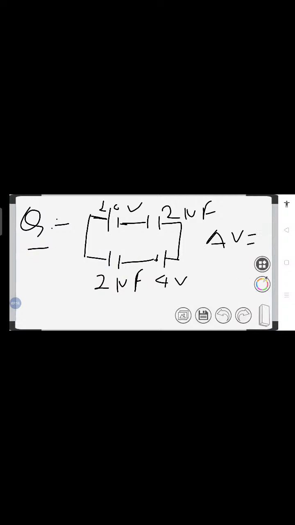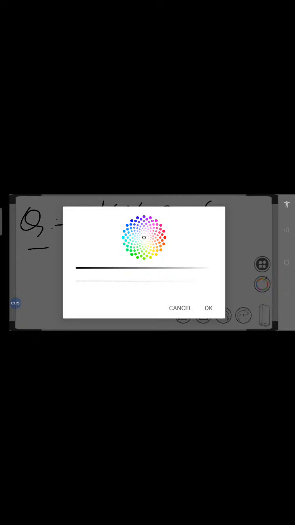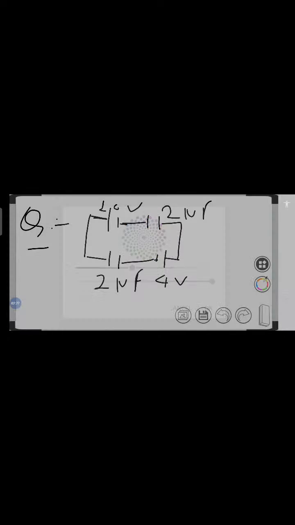If we see this 10 volt battery, it has a positive terminal here and a negative terminal on this side.